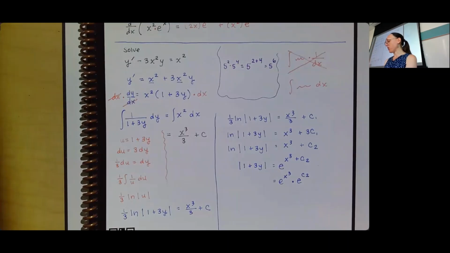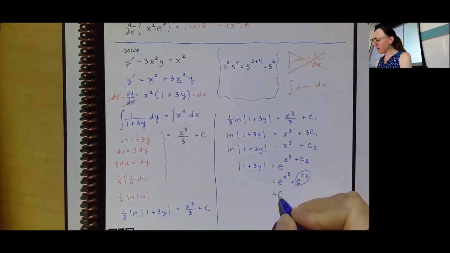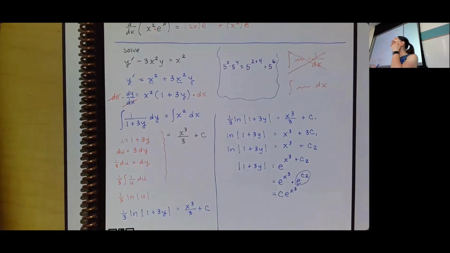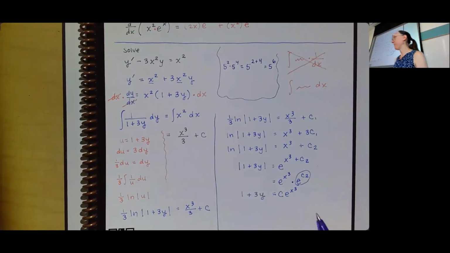So I can do the mathematician-y thing and just call that whole piece C. Since we haven't actually figured out what that constant is yet, it means I don't know whether it's a positive or a negative number, which is great because I can drop the absolute value. Because that constant is now going to suck up the fact that it's either positive or negative.